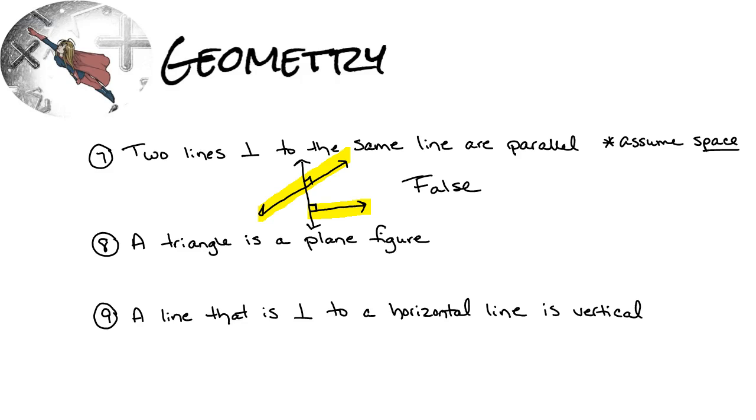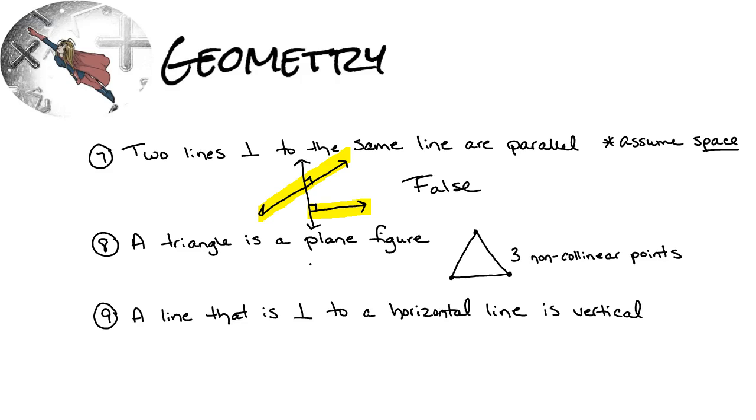Number 8, a triangle is a plane figure. That is true, because think about a triangle. One of the basic ways to understand that it's true is that you have 3 non-collinear points when you draw a triangle. And you can think of those as the vertices of the triangle.